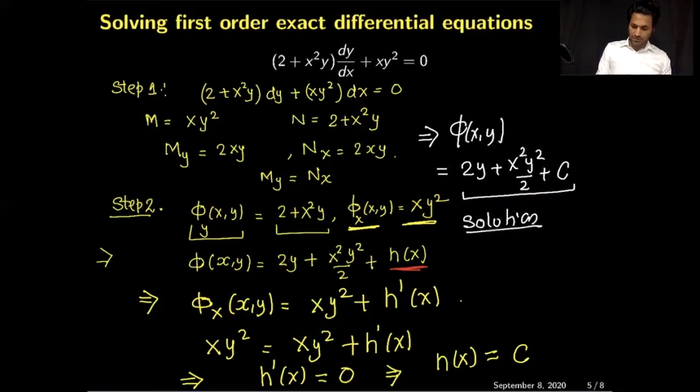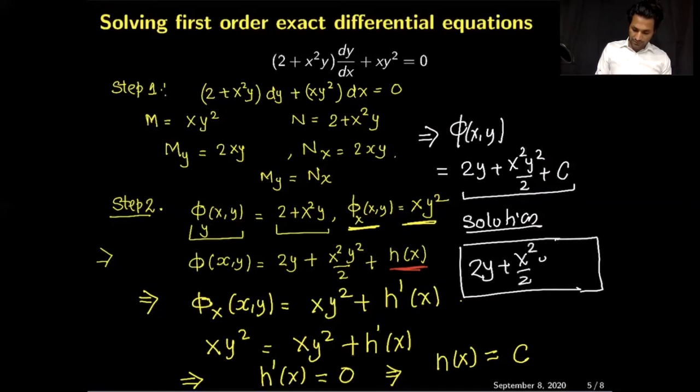All you need to do is set this function equal to 0. So the solution is 2y plus x squared y squared divided by 2 plus c is equal to 0. This is our general solution to our partial differential equation because it has a constant c.